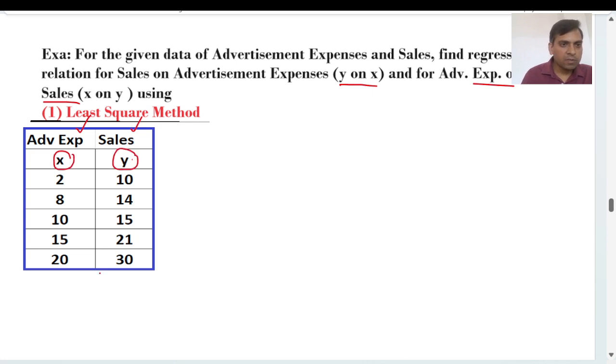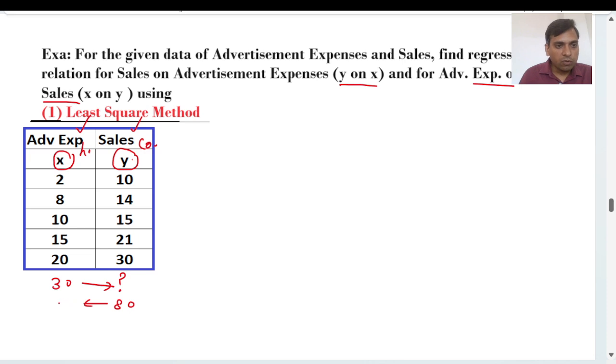So sometimes you need to find the value of y on the basis of a specific advertisement expenditure, suppose 30, or sometimes you need to find the required advertisement expenditure if the sales target is 80. We can consider this in terms of crores and we can consider this in terms of lakhs, right?